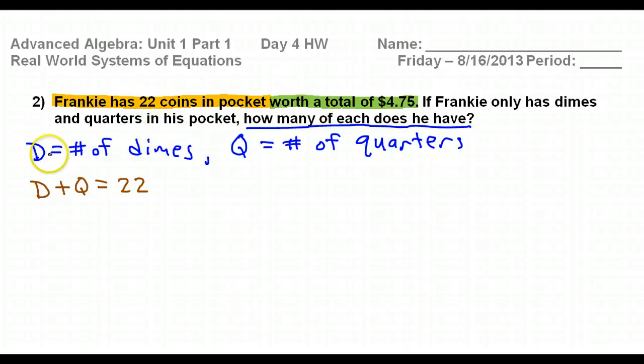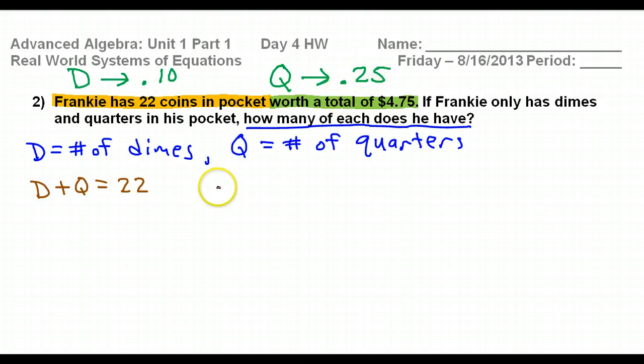We know dimes, okay? Remember that the value of a dime is 10 cents, so you could think of it as $0.10. You know what I mean? So a dime is always going to be 10 cents per dime. And in the same way, a quarter has a value of 25 cents.